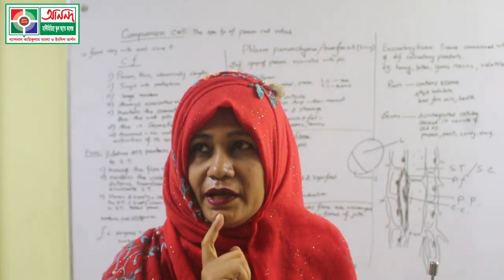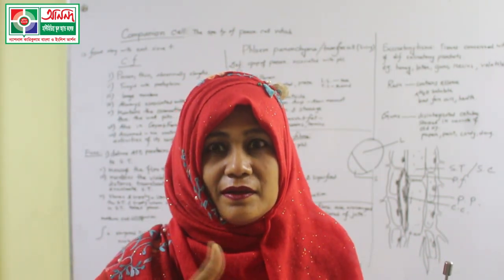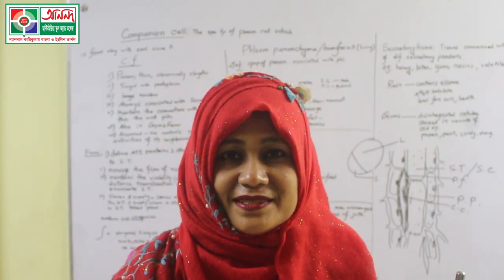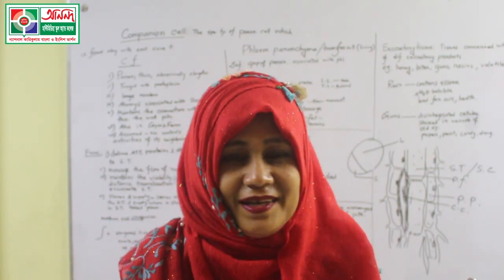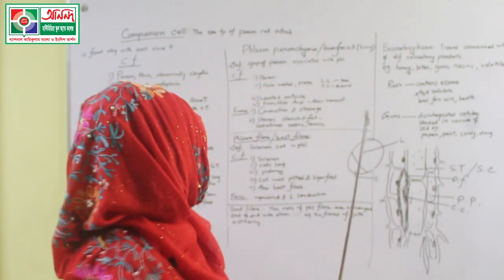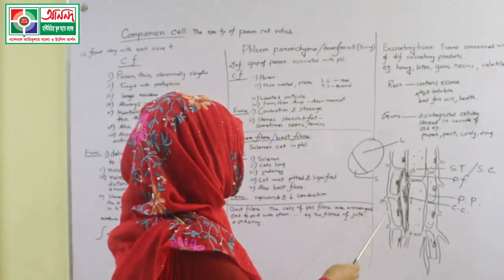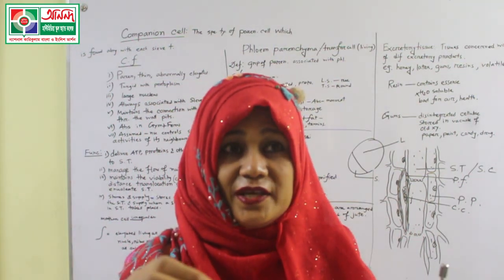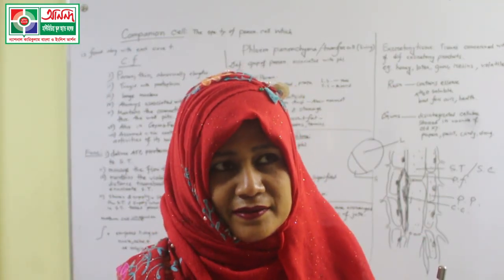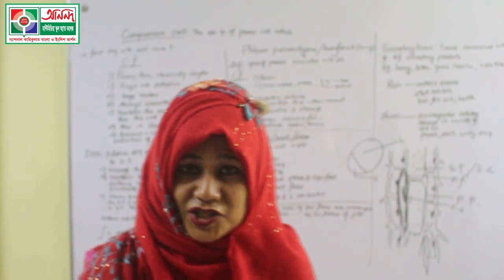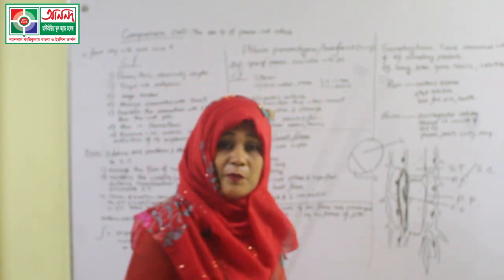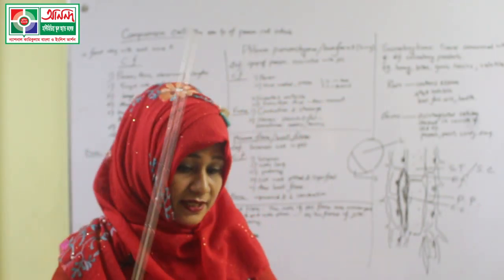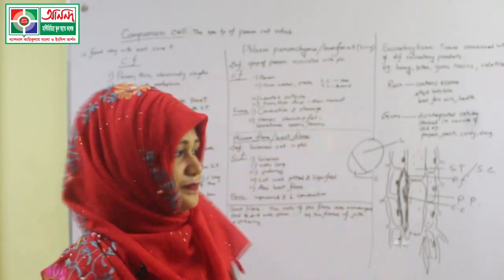Sieve tube. It is made of specialized, highly organized cells which are associated with conduction, and this is the major conducting tissue of phloem.